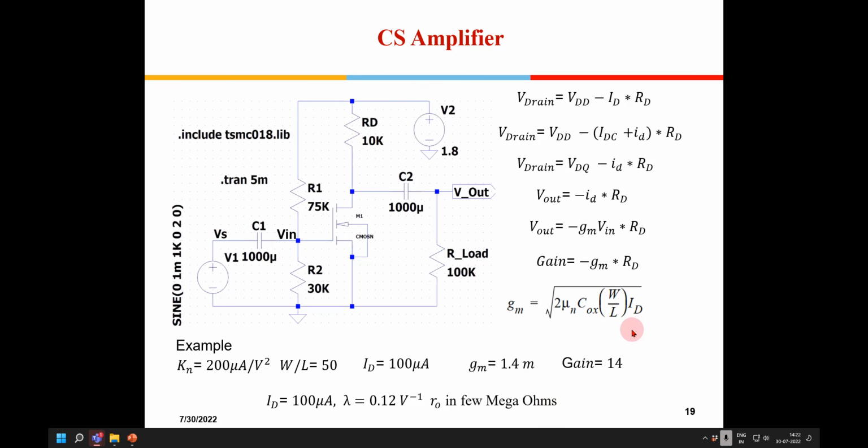Sir, but increasing RD will decrease the current through it, no? Because it is inversely proportional. Yes, it is there. Now, if I have a given set of specifications, how do I decide what R1 to put, what R2 to put, what RD to put, and what capacitance to put? Let's try and analyze that aspect.